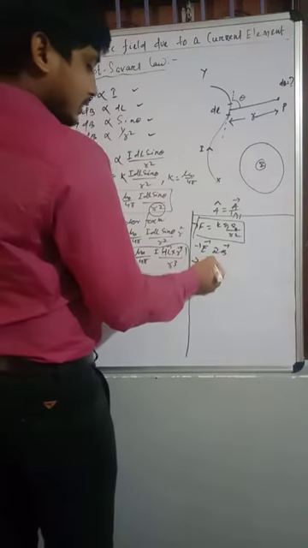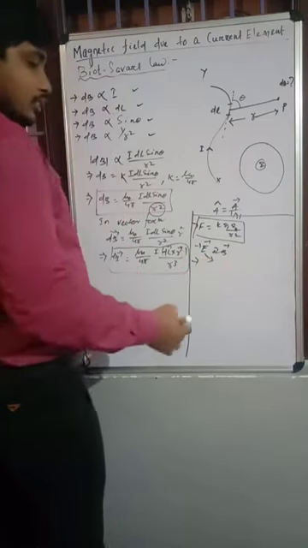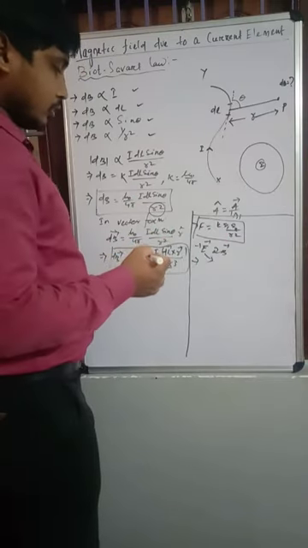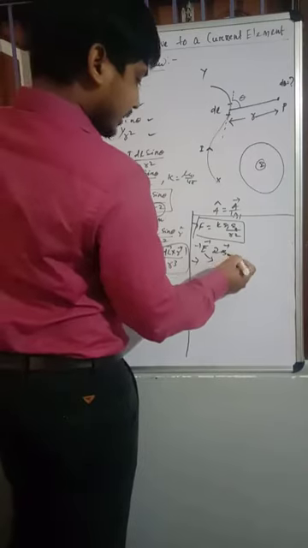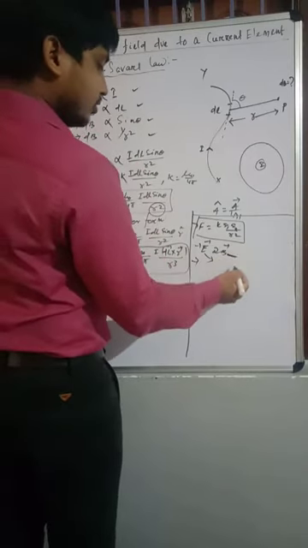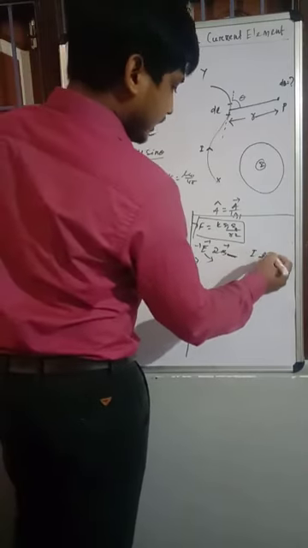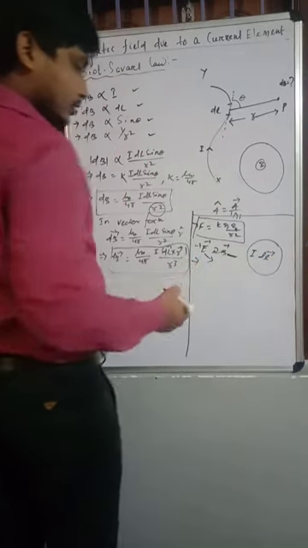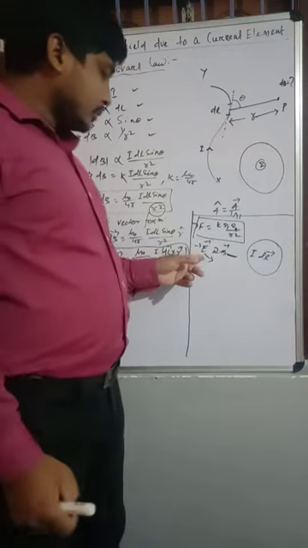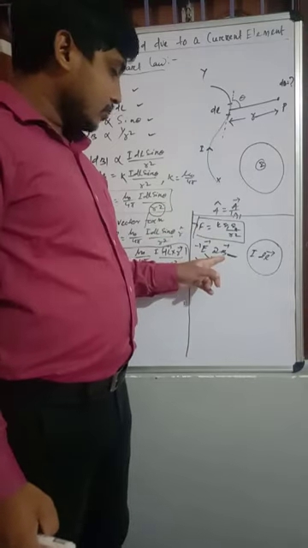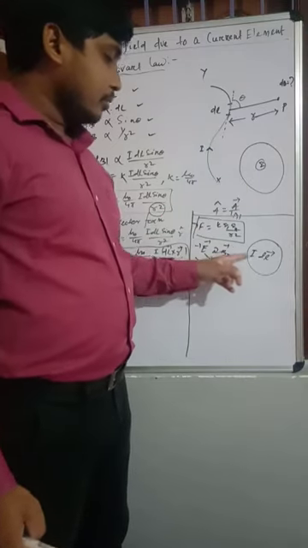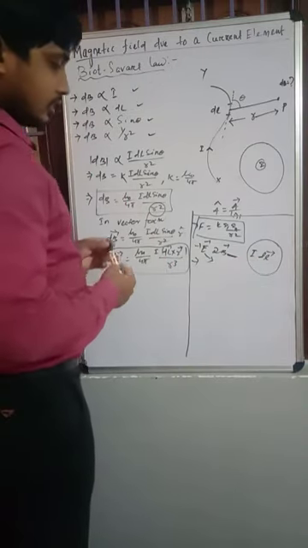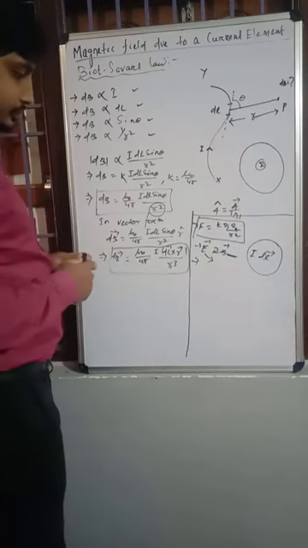So we can say that the electric field is produced by a scalar source. But this magnetic field B is produced by this I dl, current carrying element, which is a vector one. So the electric field is produced by a scalar source, whereas the magnetic field is produced by a vector source. This is the difference between electric field and the magnetic field.